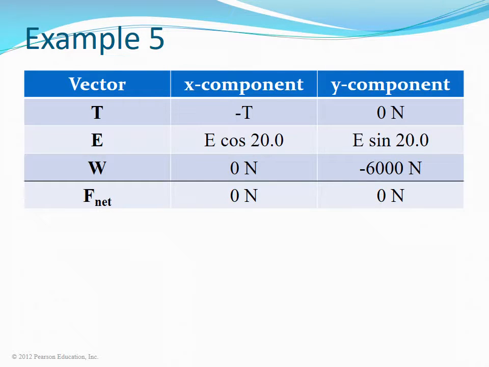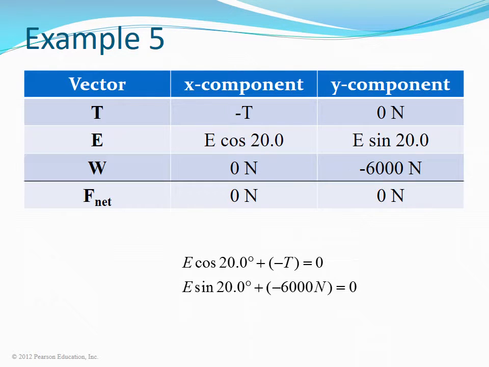As before, we create a table with all the forces, known and unknown. Notice the compression force is not listed in the table. The net force is the sum of all the forces acting at point A. Since the system is in equilibrium, the forces must sum to 0. Summing all the x components yields the first equation.